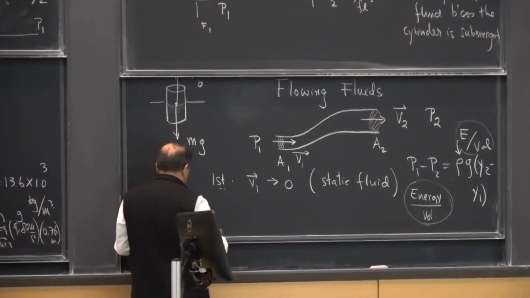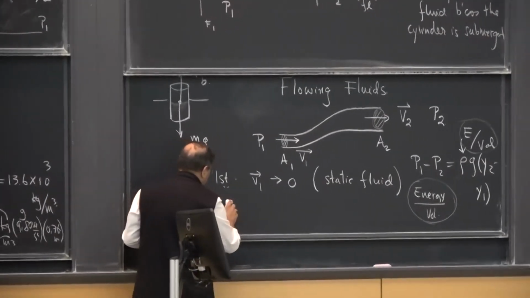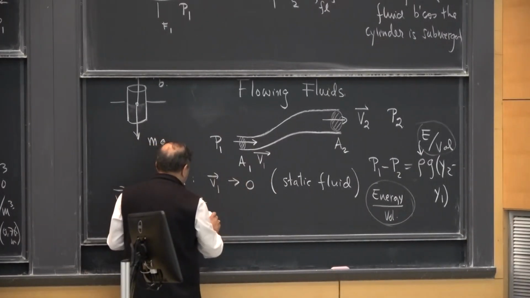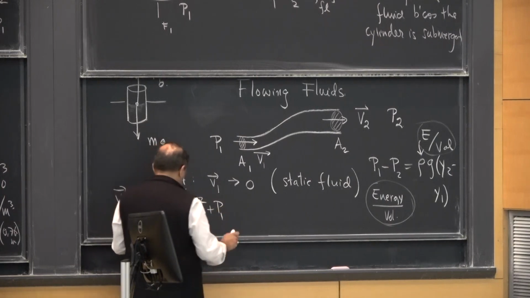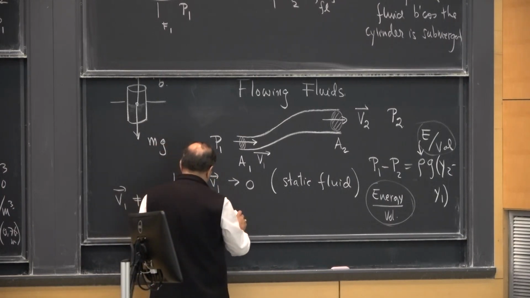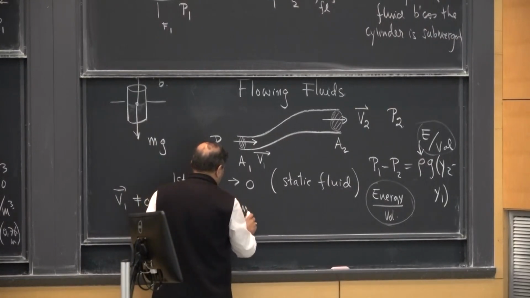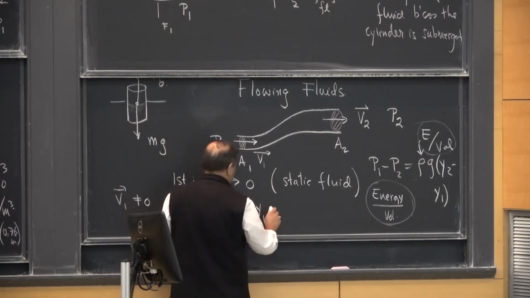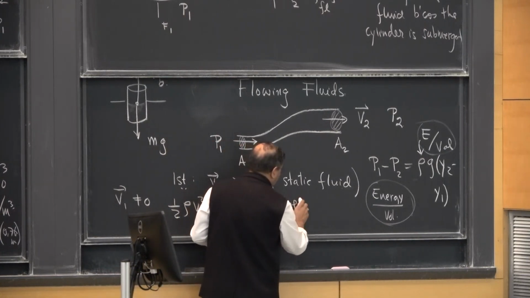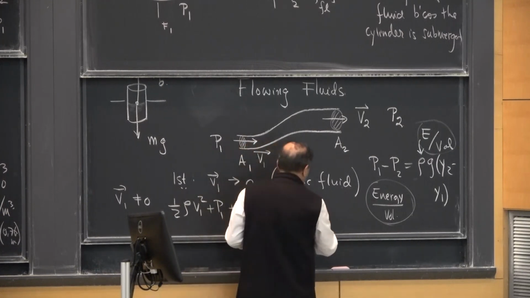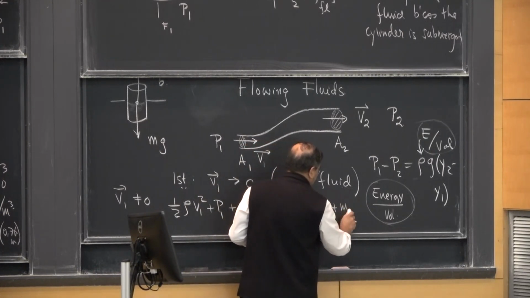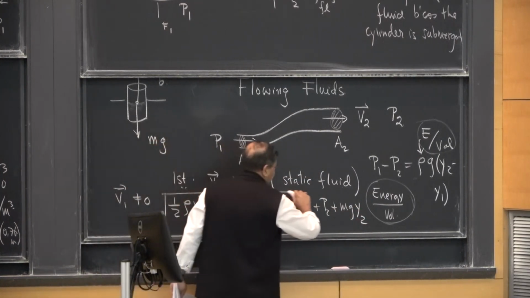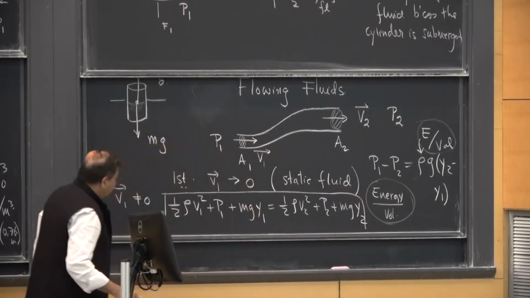In other words, you end up writing that kinetic energy, 1/2 rho V1 squared, plus P1, plus rho g y1, is equal to 1/2 rho V2 squared plus P2 plus rho g y2.